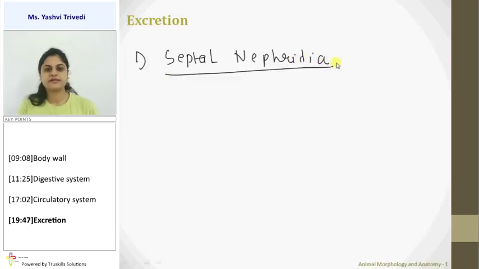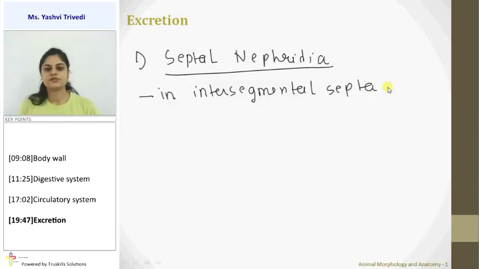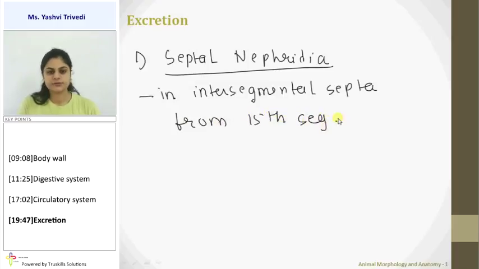Now, septal, from the name itself we can say that they are present in the intersegmental septa. So they are present in the intersegmental septa of all the segments from the 15th one onwards, and they usually open up into the intestine.